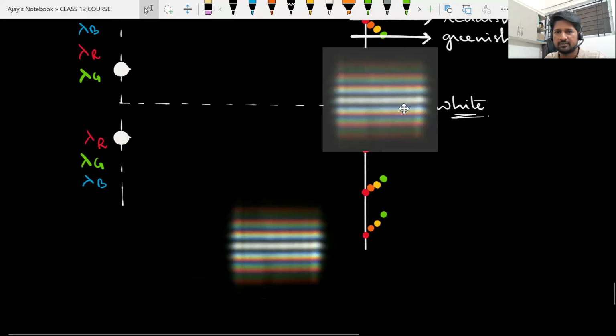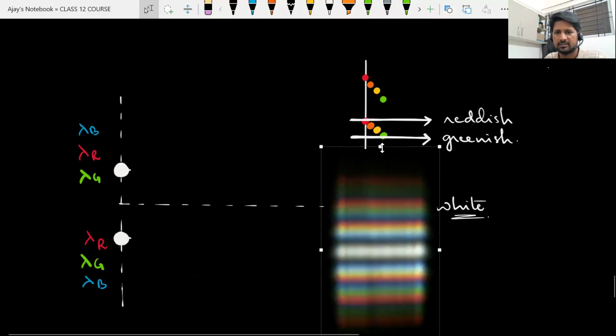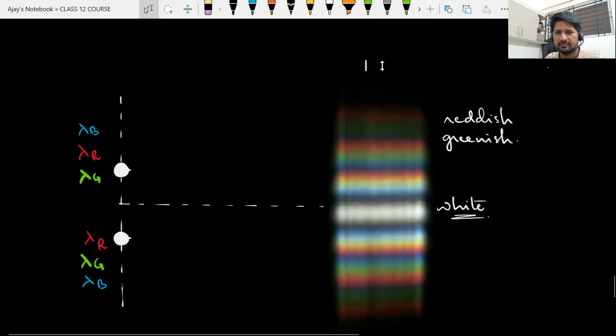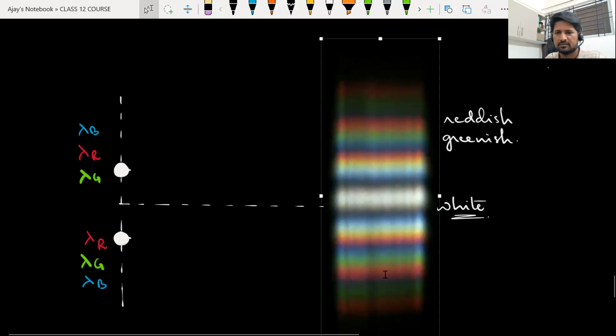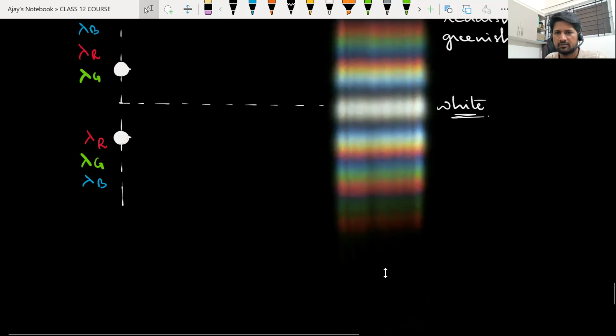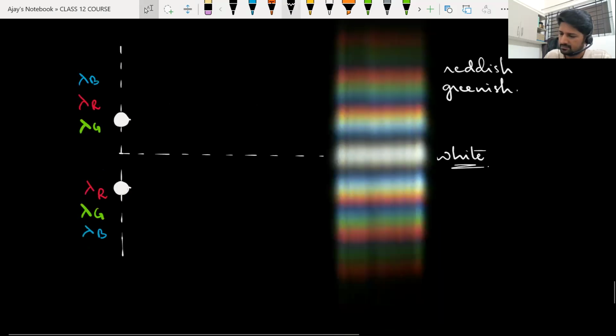At the central maximum, you will see complete white, but as you go away from the central maximum, let me stretch this. Yeah, this is kind of what I was talking about. At the central maximum, you will see it completely white.